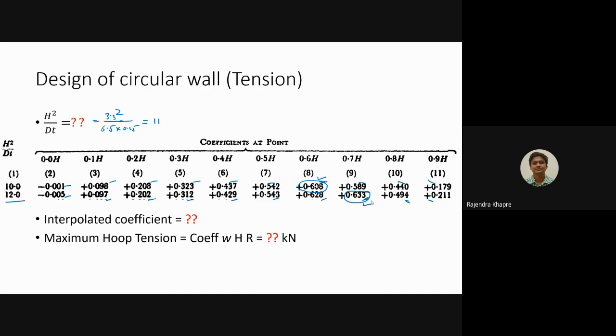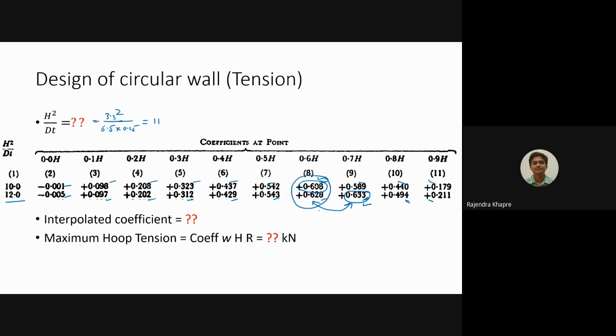In such a case, if you observe very carefully, the difference between these two values is not that much, because this is 0.628 and the other value is 0.633. So what you can do is interpolate between these values.